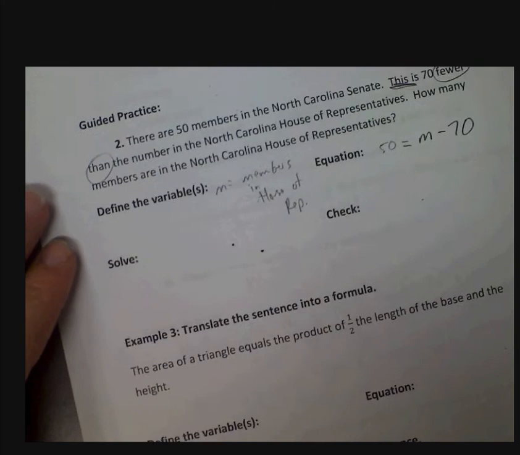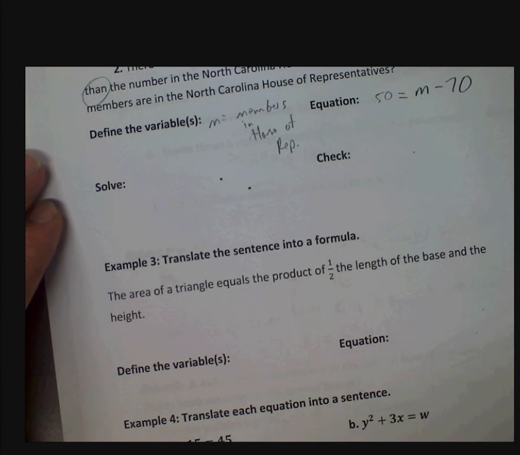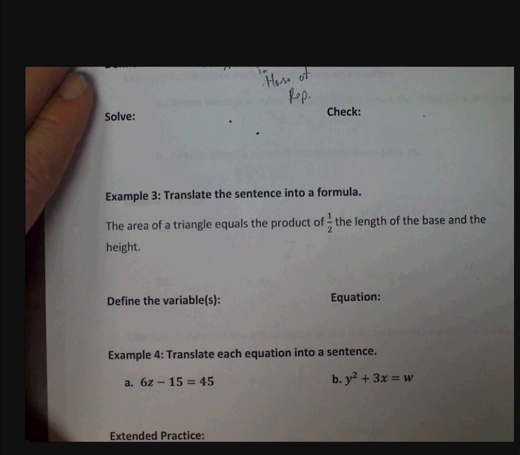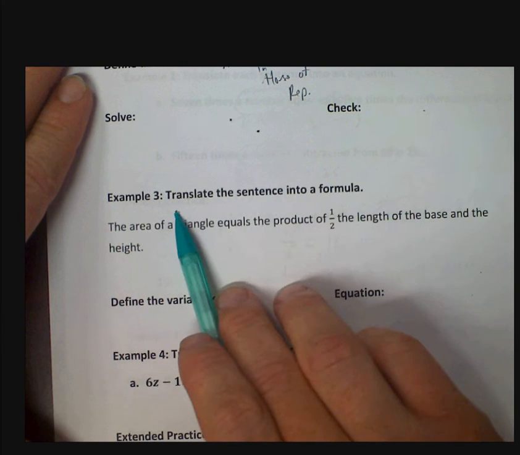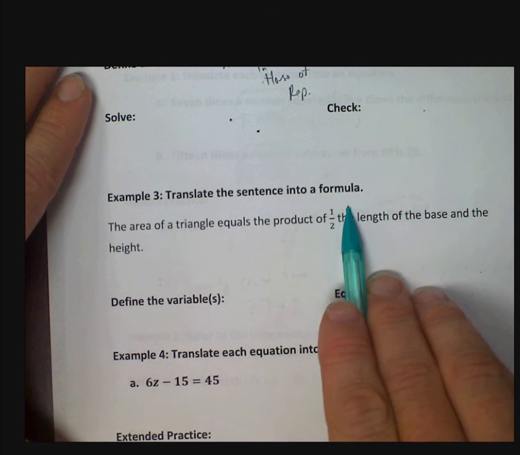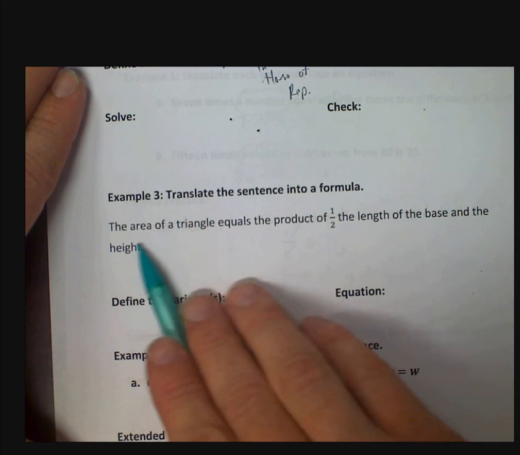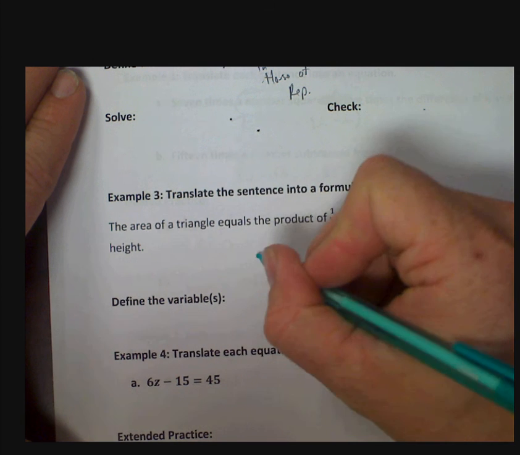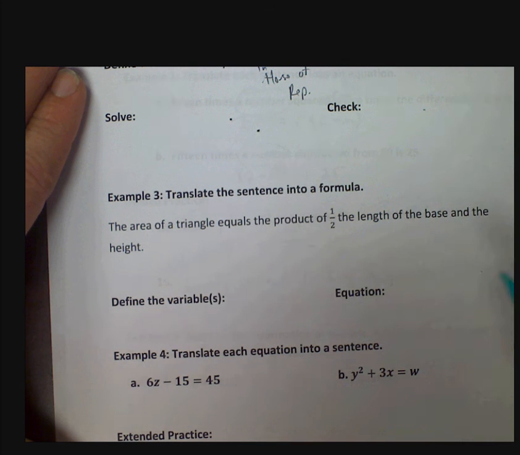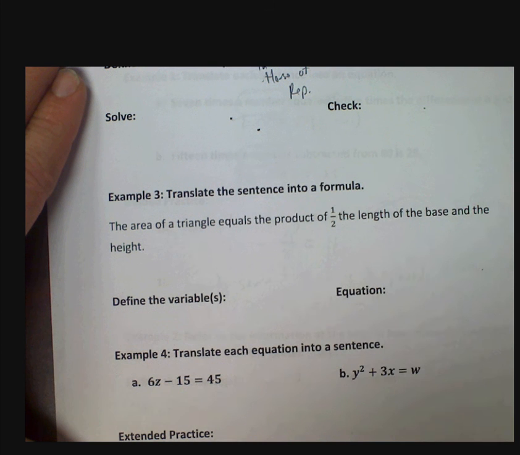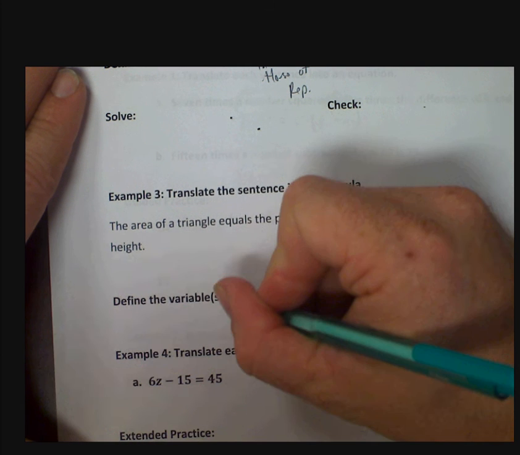Okay, let's go ahead and skip to example 3. In example 3, we see that it says translate the sentence into a formula. The area of a triangle equals the product of 1/2 the length of the base and the height. So we have to define our variables.